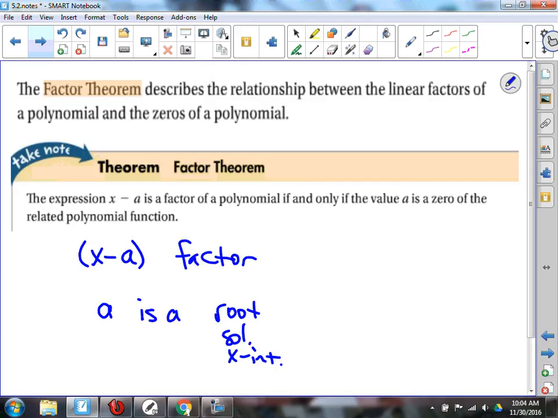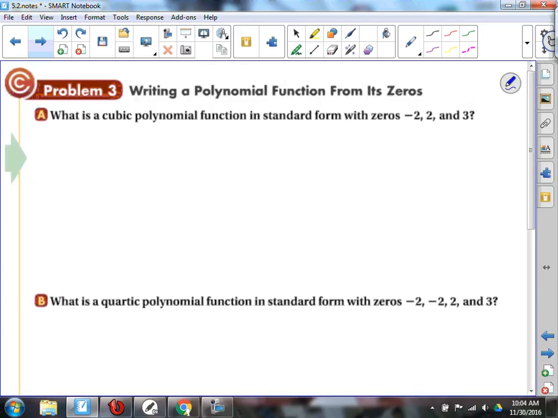Okay. All right. Problem number 3. This is nice. I like this. In problem number 3, they're asking us to write a polynomial function. Now, the thing that's going to make this one tough is that they're saying this. If they didn't say that, it wouldn't be so bad.